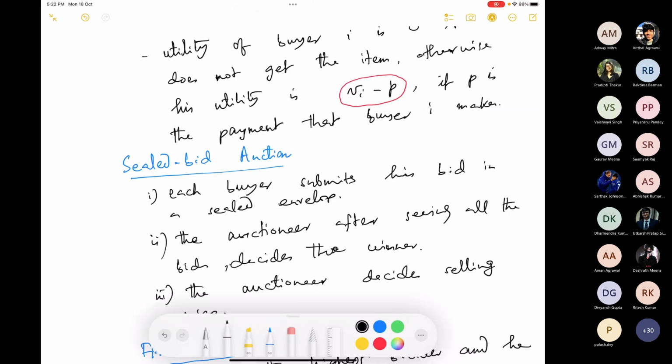Ideally, in a hypothetical scenario where you know the bids of all other players, if the maximum bid of all other players is more than your valuation, then you definitely do not want to bid more than your valuation, because if you bid more and by chance you win, then your utility will be negative.